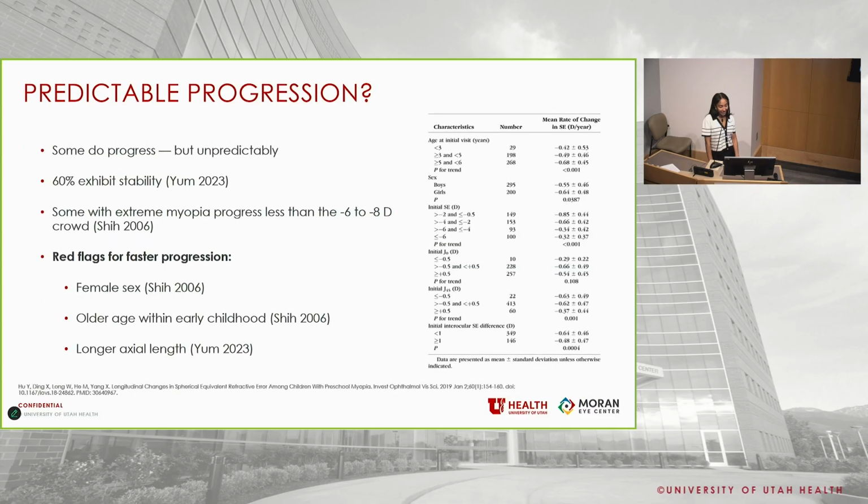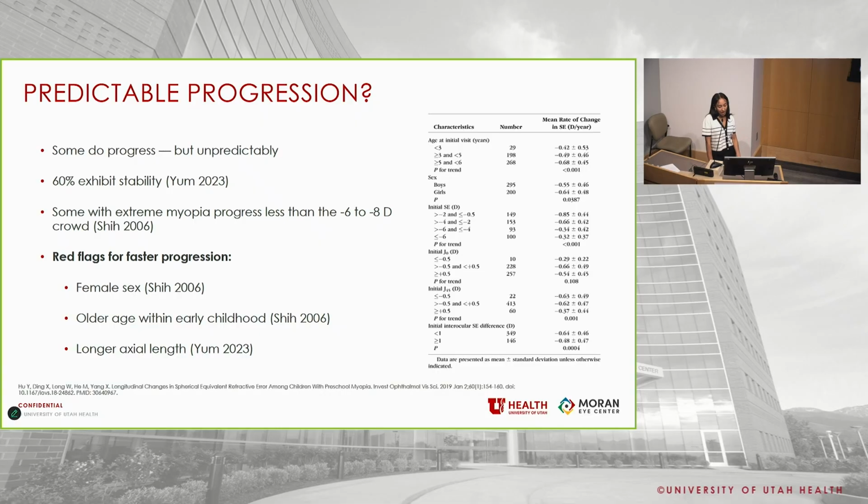So regarding progression, one of the more frustrating things I found when doing the literature review, or potentially interesting, is that early onset high myopia is incredibly unpredictable. Some kids with -10 diopters tend to be very stable. Others with a spherical equivalent of -6 to -8 tend to progress before they even hit grade school.